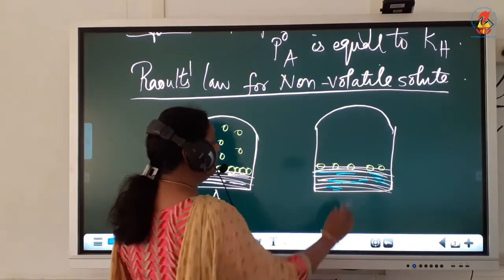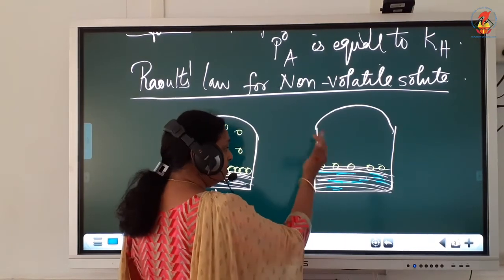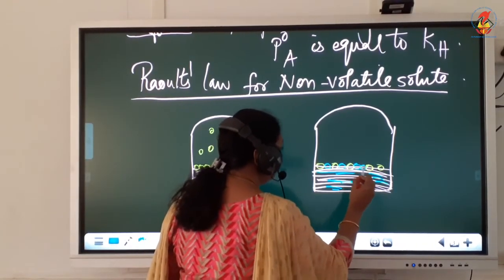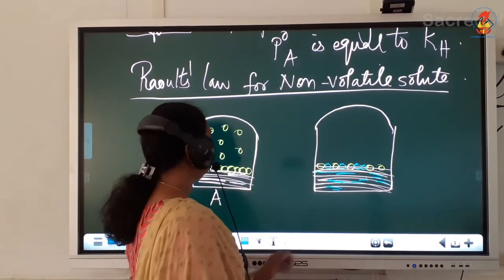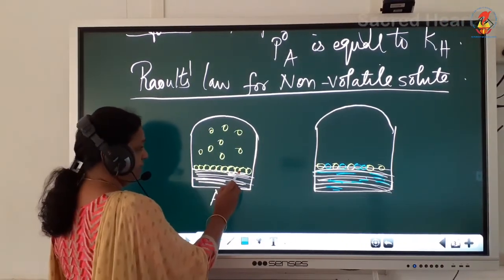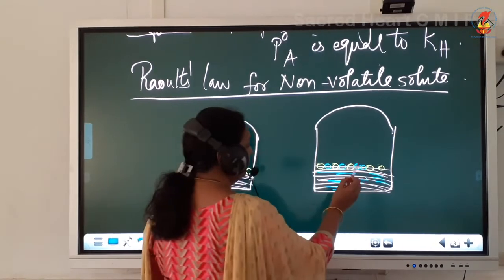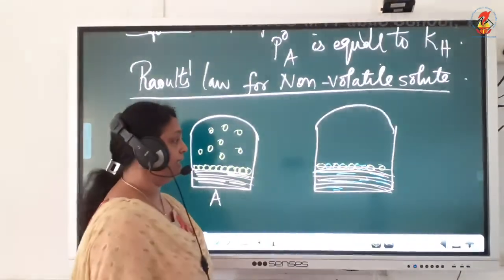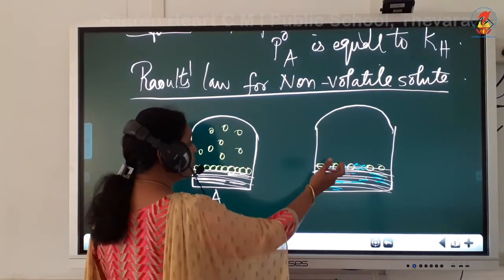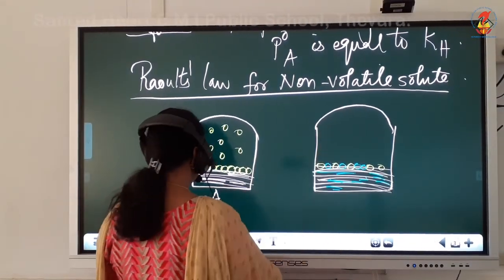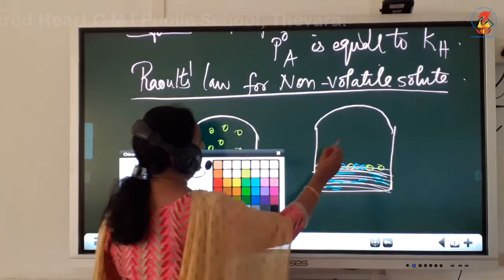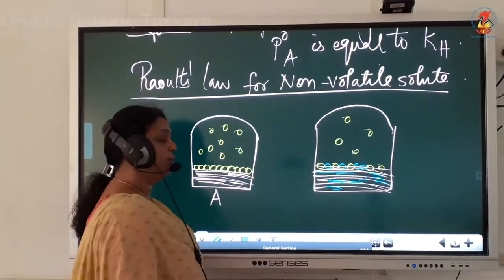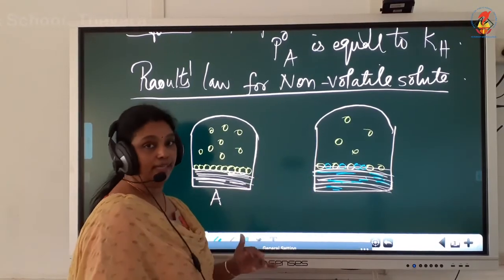Now, the solute will also occupy some of the surfaces here, which means some places that was occupied by the solvent is taken up by solute. But we know that the solute particles are non-volatile. So what happens? The number of solvent molecules that go into vapor state decreases.